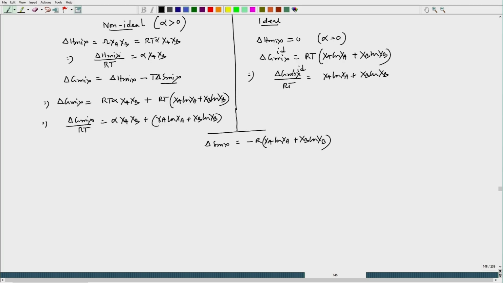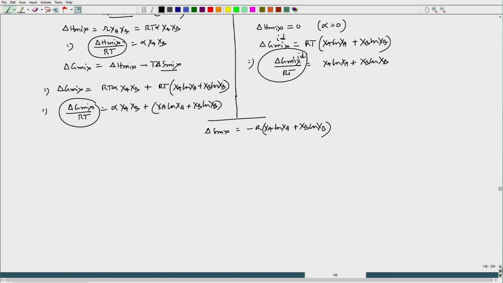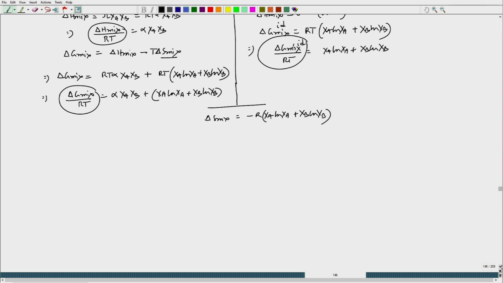Now we will start plotting this one and this one with respect to alpha values, when alpha takes positive values at a particular temperature and pressure. So, let us see that.